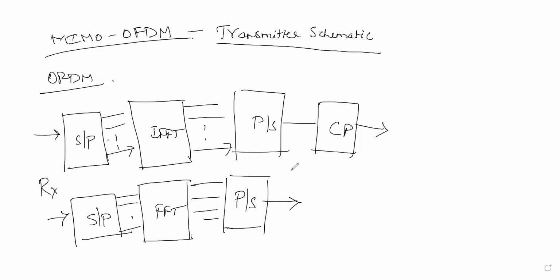Here we add the cyclic prefix at the transmitter; similarly, at the receiver end we need to remove it, and then the signal gets reconstructed.